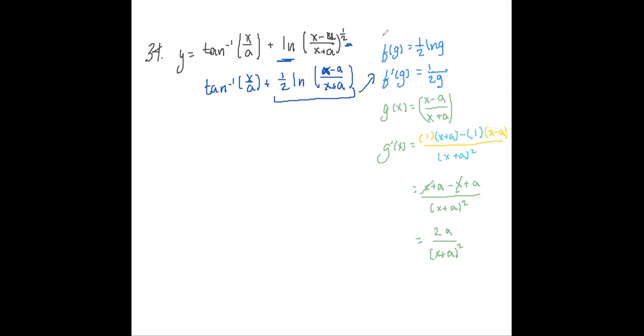So put it all together, the derivative here is going to be 1 over 2 times x minus a over x plus a. What we can do here is we can just say that this is 2 times the numerator here. And I can take that denominator and I can whip it back up around.